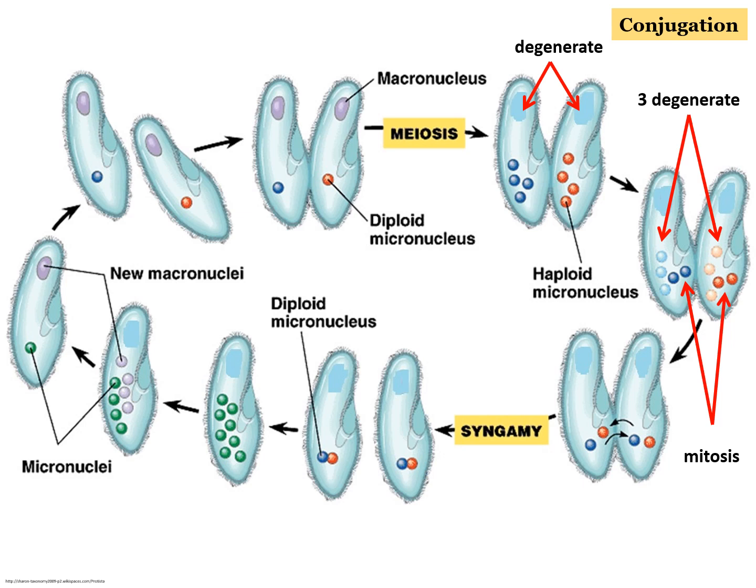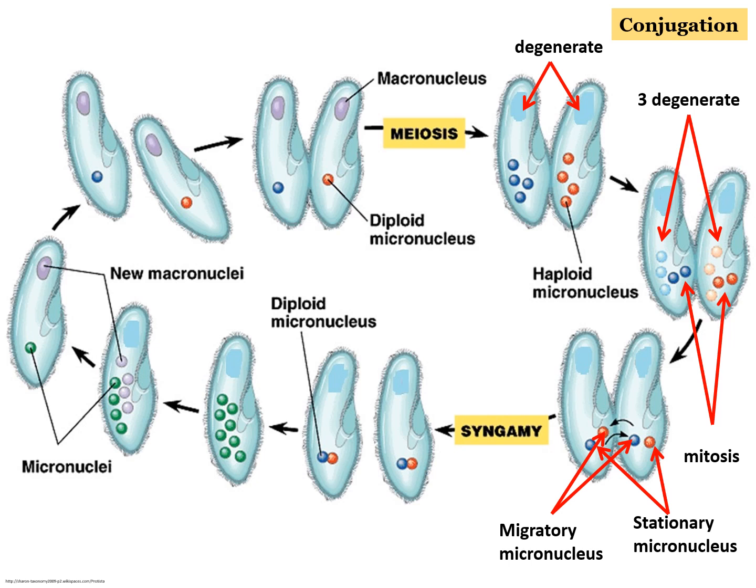As a result, in each of the conjugant, there are 2 haploid micronuclei. These 2 haploid micronuclei are termed as stationary micronucleus and migratory micronucleus.